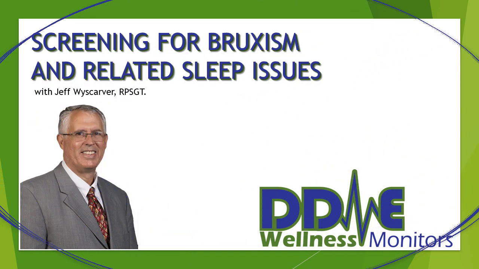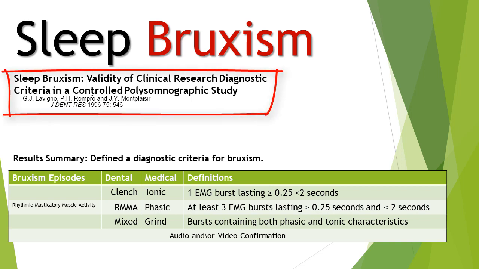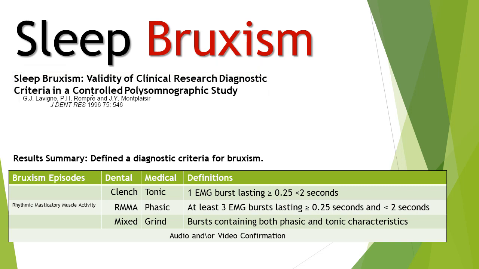Sleep bruxism, let's talk about the definition first. I use the research done by Dr. Levine and his article published in 1996, in which he defines some of the events that make up sleep bruxism. There's a clench, defined as 1 EMG burst lasting anywhere from a quarter second but less than 2 seconds.